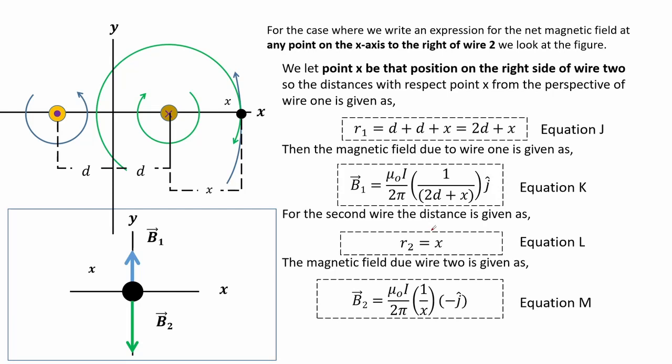For the case where we write an expression for the net magnetic field at any point on the x-axis to the right of wire 2, we look at the figure.